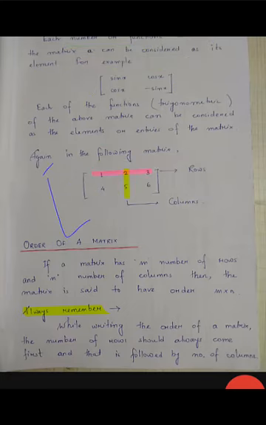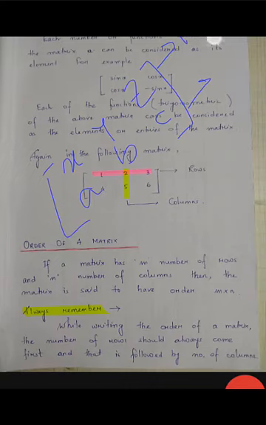What is the order of a matrix? Let us see. Suppose we have a matrix with the terms x, y, z, then a, b, c. Very clearly there are 2 rows, row 1, row 2, r1, r2, and there are 3 columns, c1, c2, then c3.